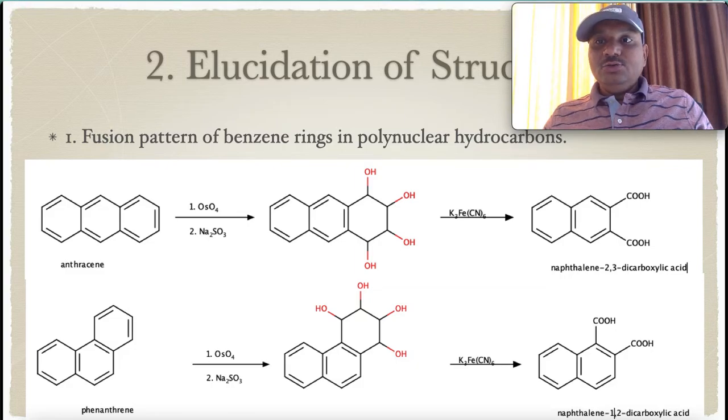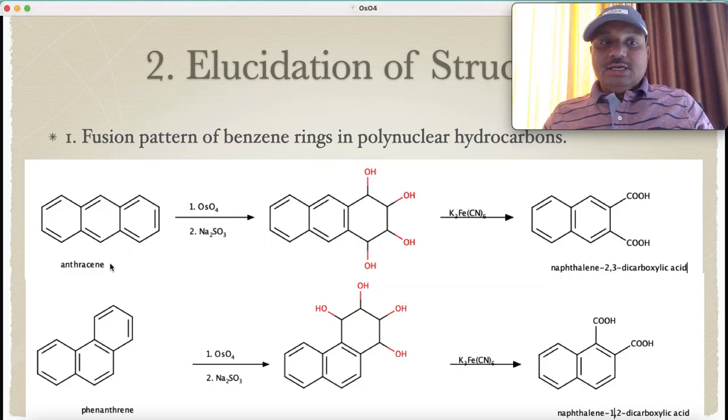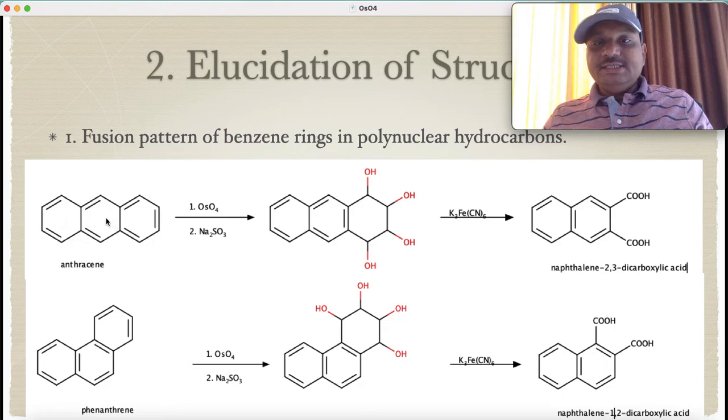Let us take two examples: anthracene and phenanthrene. In anthracene, three benzene rings are fused in a linear manner, while in phenanthrene, one benzene ring is fused to the naphthalene ring in a non-linear manner.